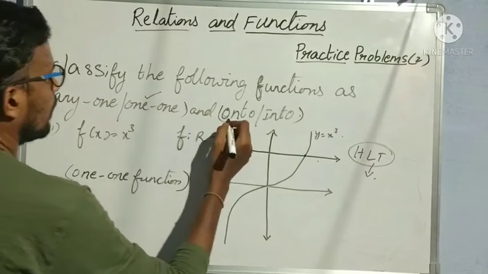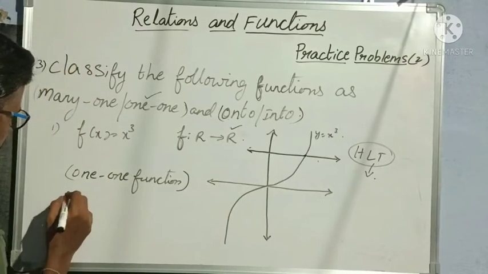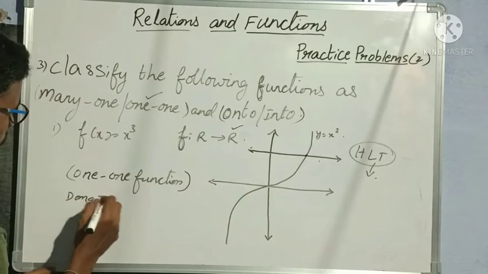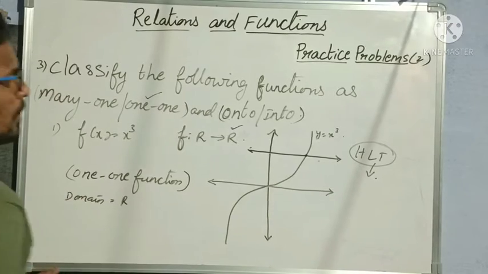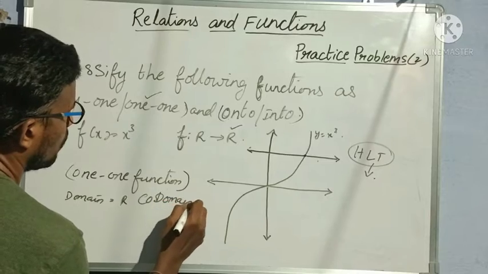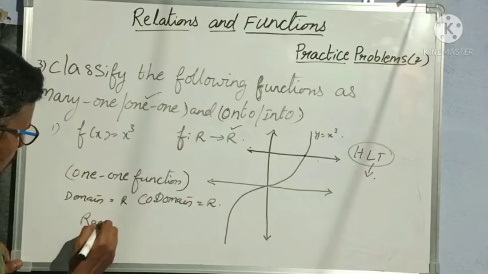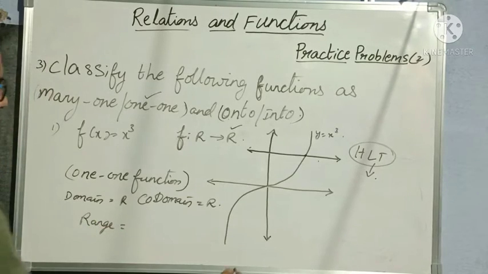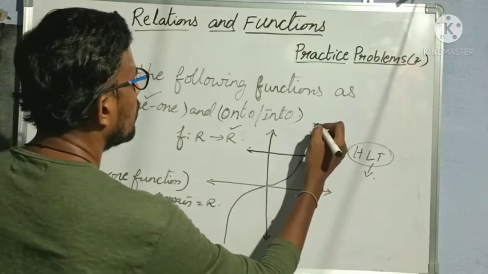Okay. Next, onto or into. So f from R to R. So the domain is R and the codomain is also R. Now the range. Clearly by seeing the graph we can say that this is minus infinity to infinity.